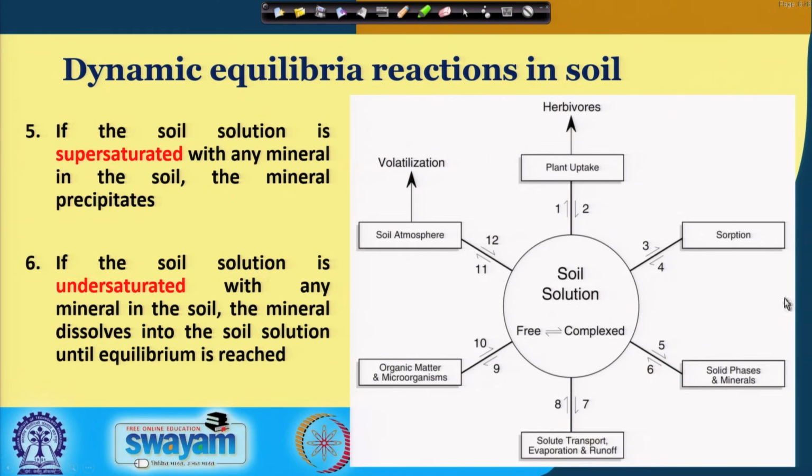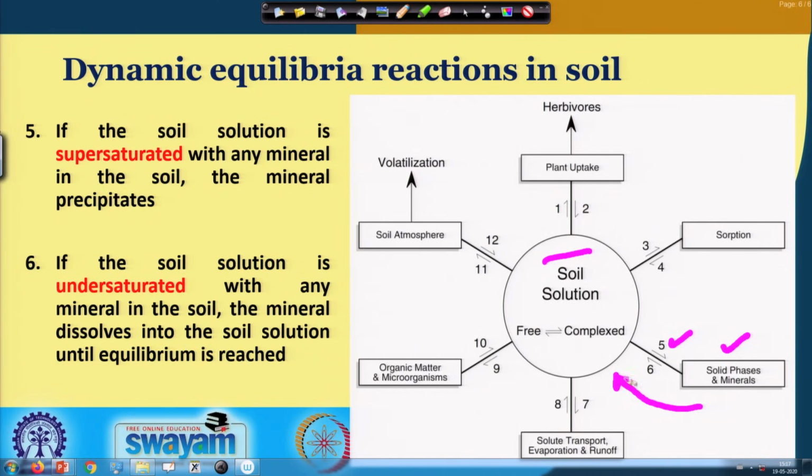So, these are the first 4 pathways through which the ions can move from the soil solution to different pools. Now, let us consider the soil solution is supersaturated with a mineral in the soil, then the mineral basically precipitates. So, this 5th pathway is showing the precipitation of the ions in the forms of solid phases and minerals, and reversibly, if the soil solution is undersaturated with any minerals in the soil, the mineral dissolves and goes back to the soil solution to maintain an equilibrium until this equilibrium is reached.